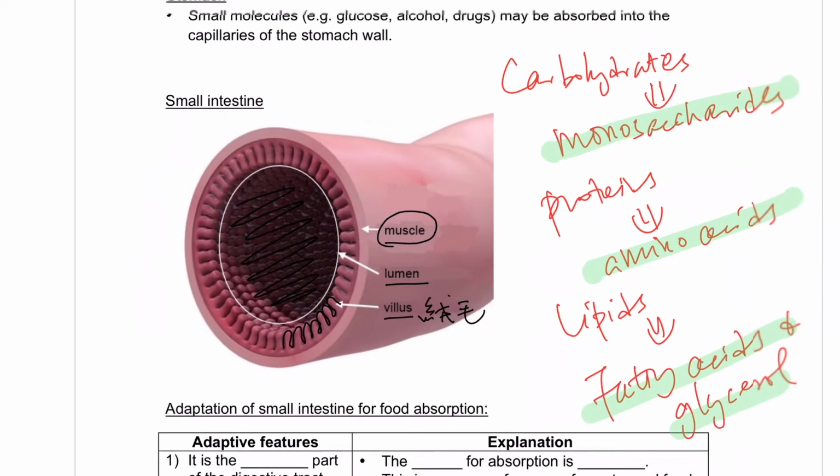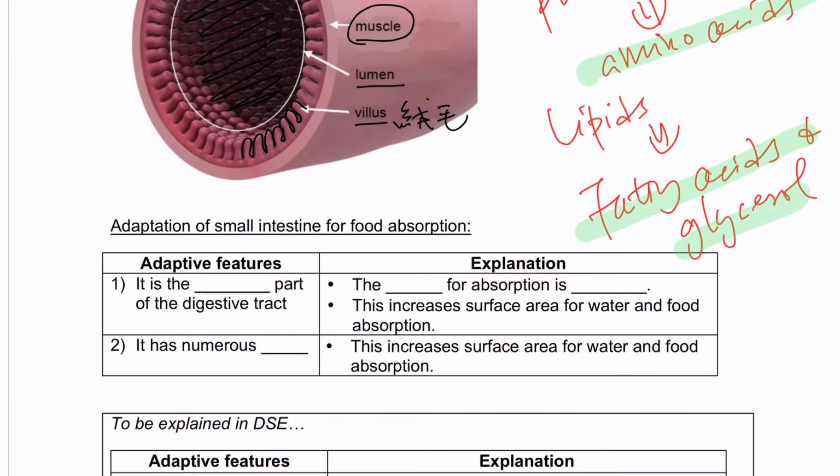Now let's have a look at the adaptive features of the small intestine and see how it is adapted for absorption of food. Firstly, I've mentioned this several times in our lessons that the small intestine, or to be more precise, the ileum, is the longest part of the digestive tract. Why is it so long?